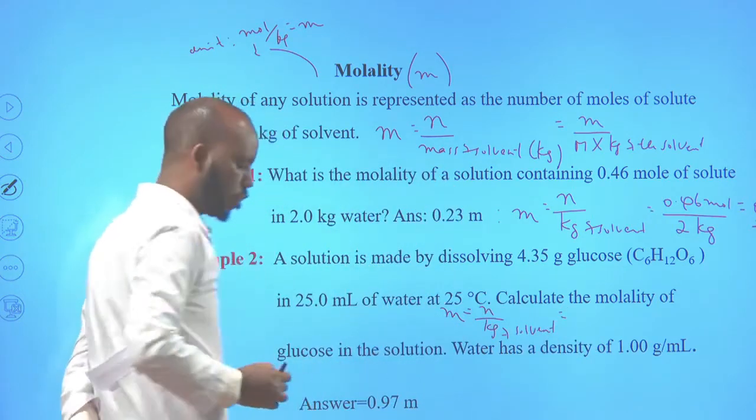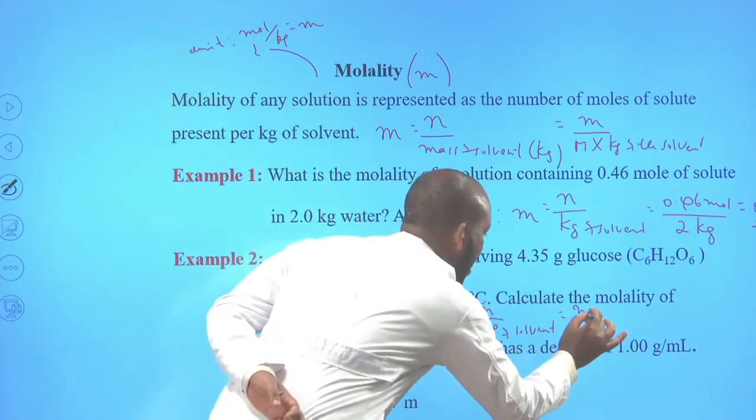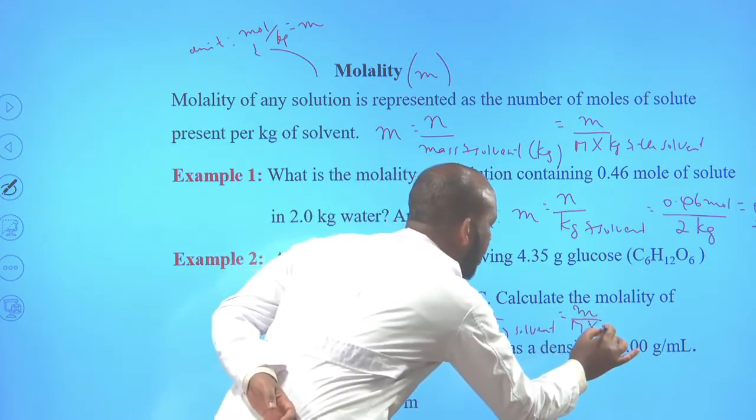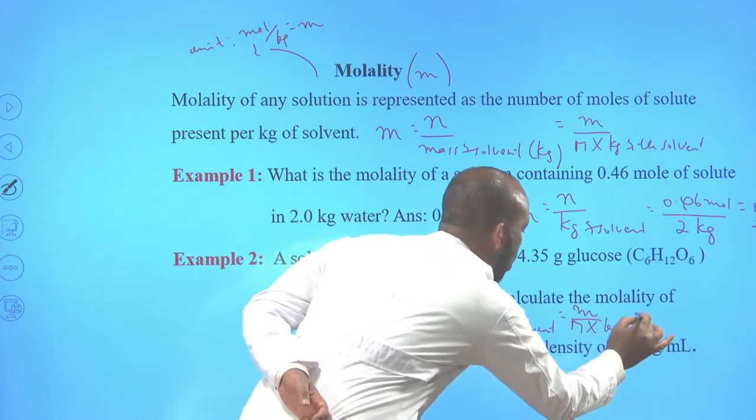But number of moles of solute is mass of the solute divided by molar mass of the solute.